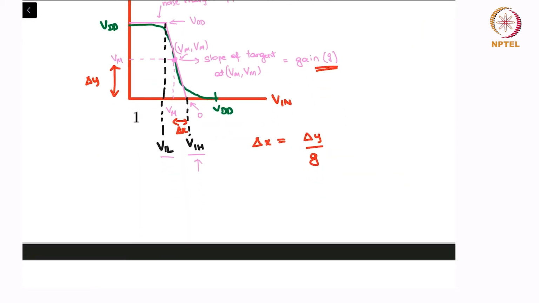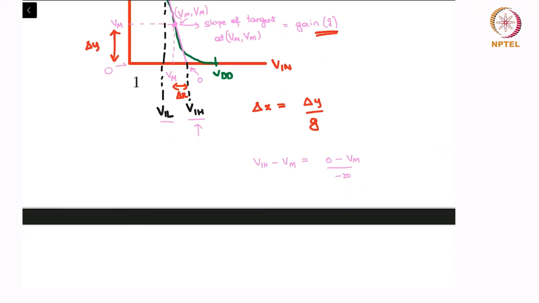Of course, now delta X is going to be VIH minus VM, and delta Y is going to be 0 minus VM, because Y is 0 here, and the gain is minus 20.